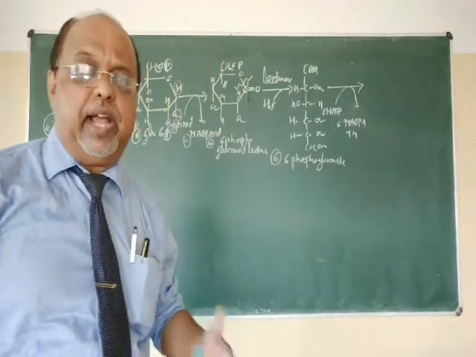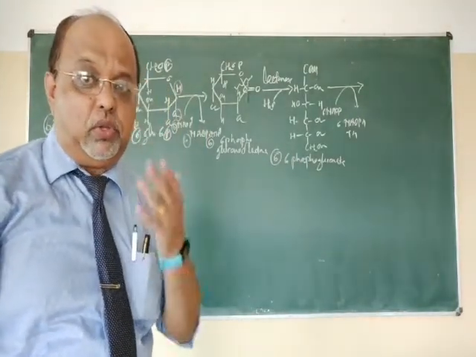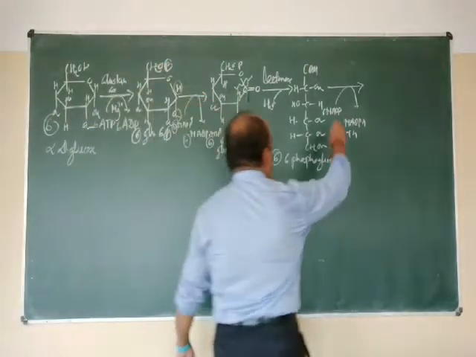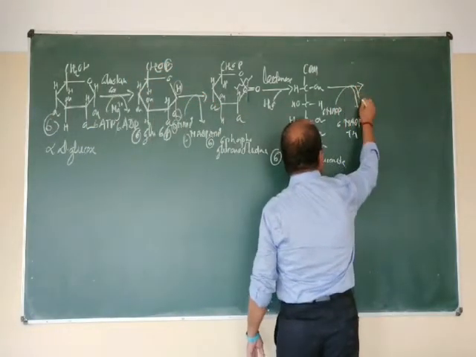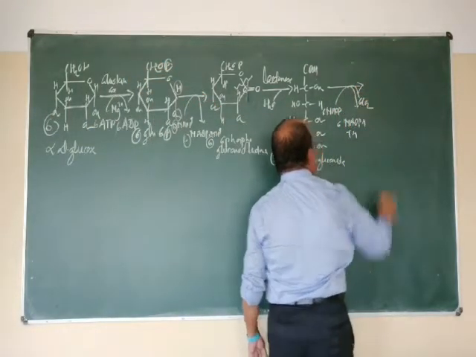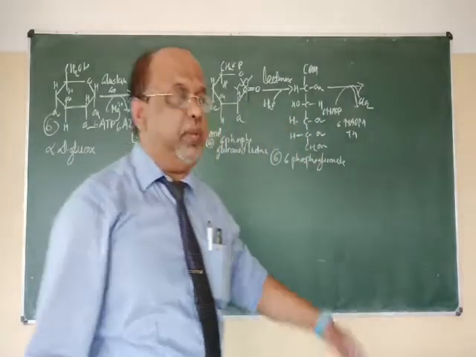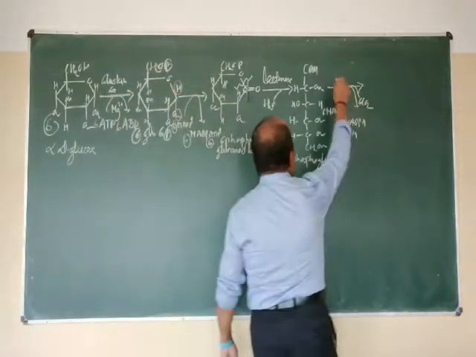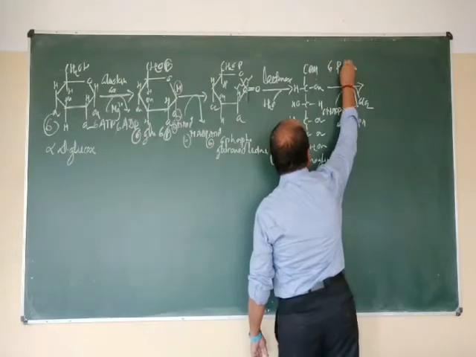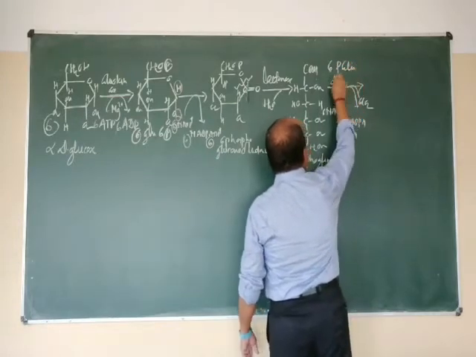Simultaneously, this is accompanied by loss of carbon dioxide, so there is a loss of 6 CO2. The name of the enzyme is 6-phosphogluconate dehydrogenase.